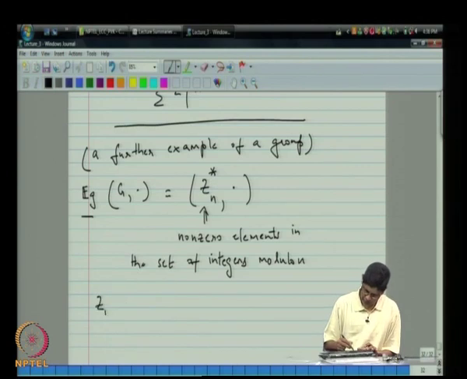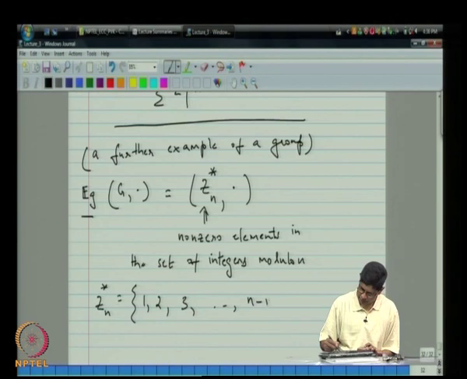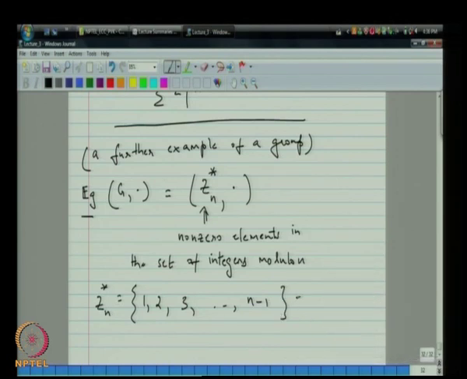So, you can treat this as precisely the set 1, 2, 3 all the way up to n minus 1. So, you exclude 0. In other words, this is Z sub n, but with the 0 element removed. And this operation is multiplication. Earlier we had looked at addition, but this time we are going to look at multiplication as our operation.